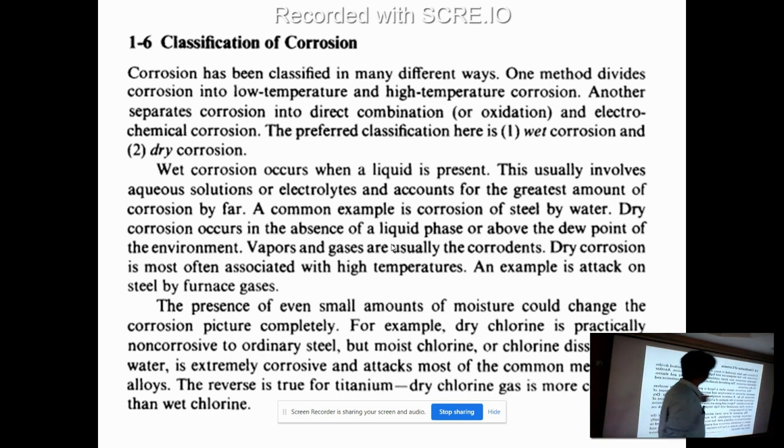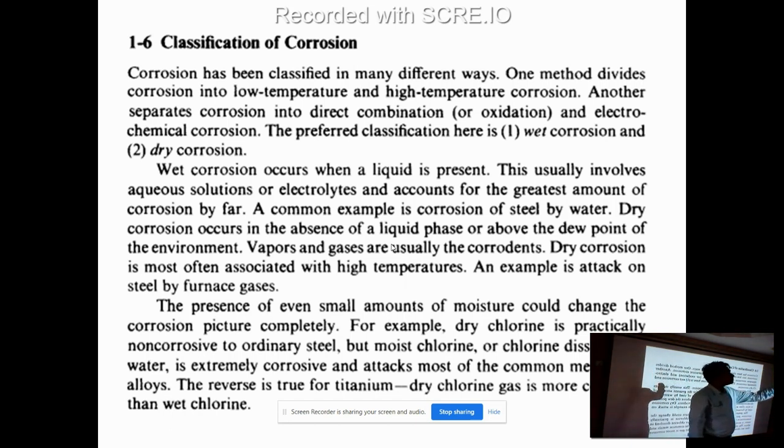If you look here, wet corrosion occurs when a liquid is present. This usually involves aqueous solutions or electrolytes and accounts for the greatest amount of corrosion. A common example is corrosion of steel by water. Why is steel corroded by water?